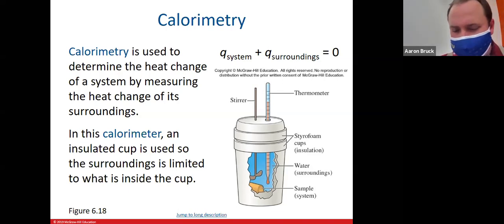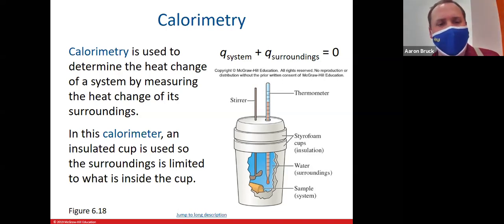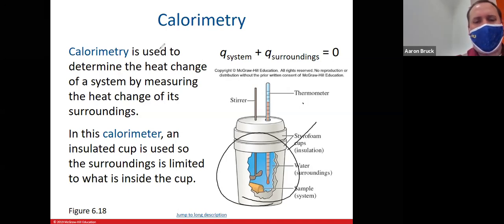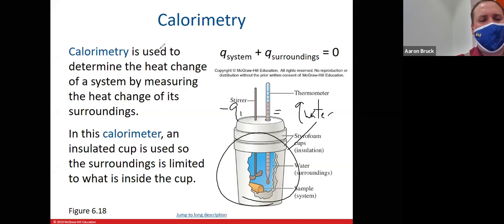So if you can measure the heat of the water, which is part of the surroundings, that will actually be opposite of the heat of the reaction.